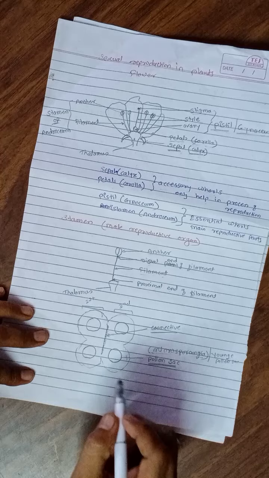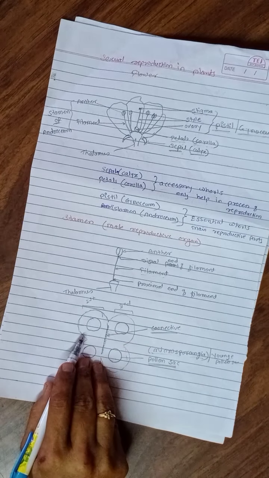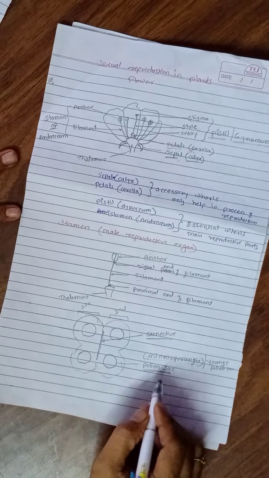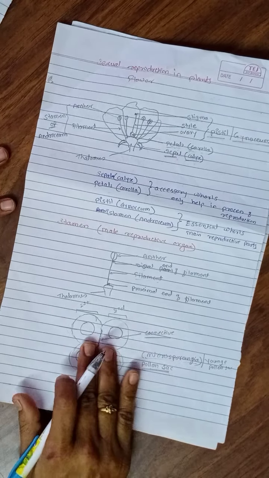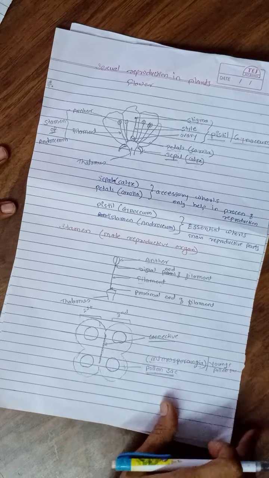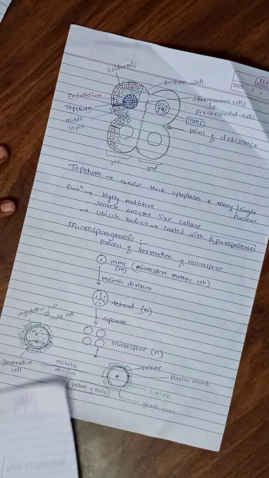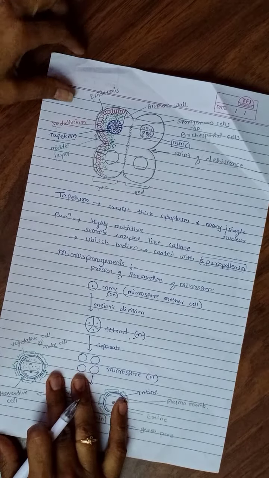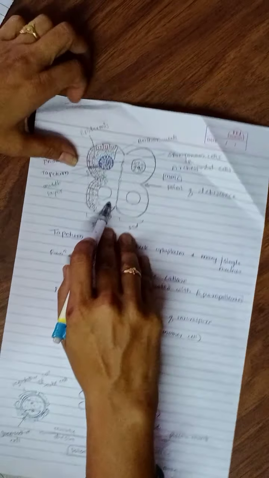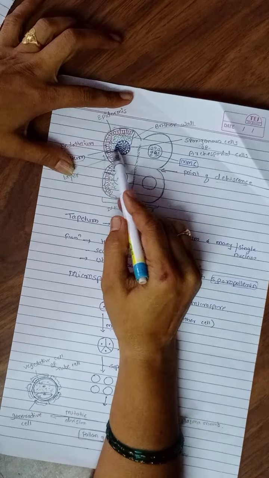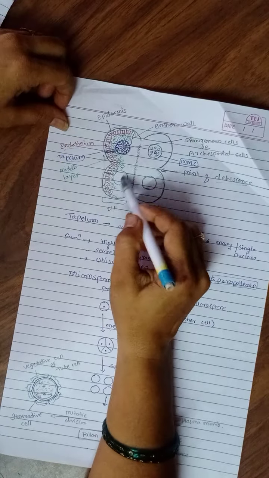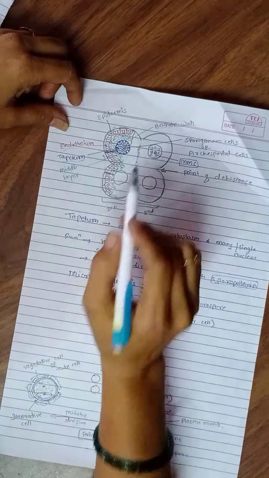These pollen sacs at the younger stage are known as microsporangia, and after maturation they are known as pollen sacs. We see the detailed structure of this anther. This anther consists of 2 lobes. This is the first lobe and the second lobe, and each lobe consists of 2 pollen sacs.